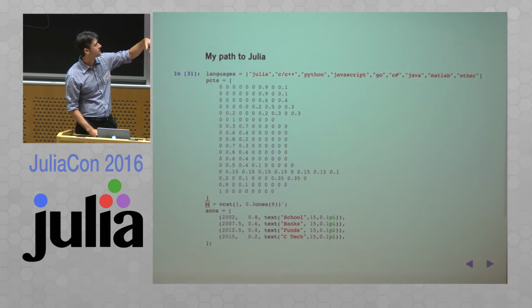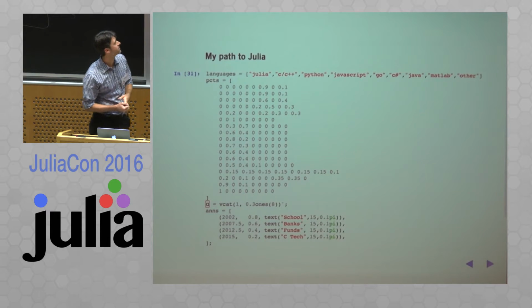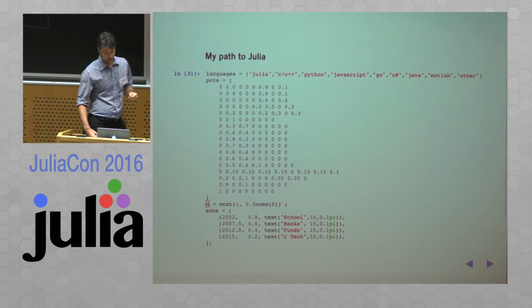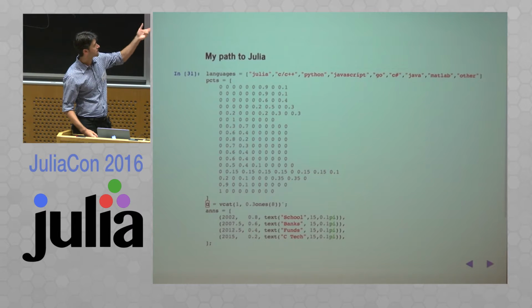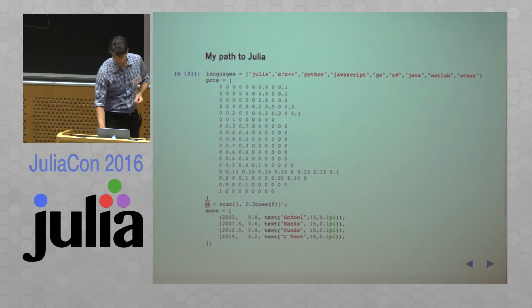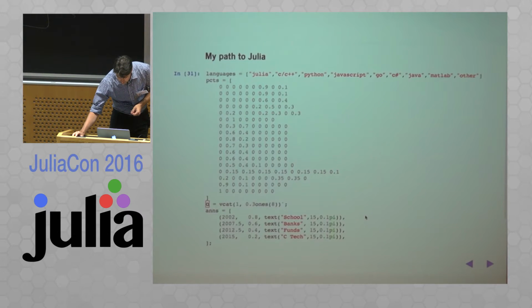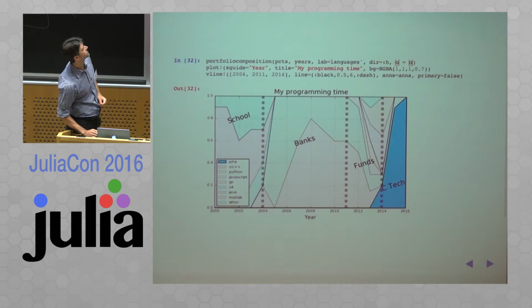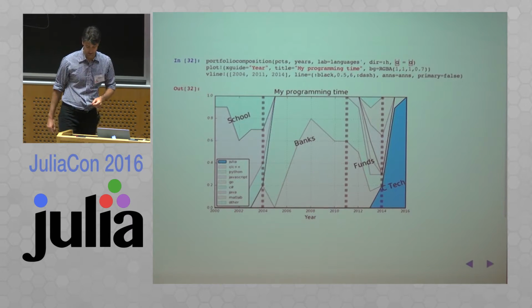I'm calculating an alpha, which you don't have to worry too much about, but I'm going to be assigning different alpha values, different opacities, to each series, and a list of annotations that I want to add. Okay, and then these are the calls. They look pretty similar. This one's a little bit more complicated.